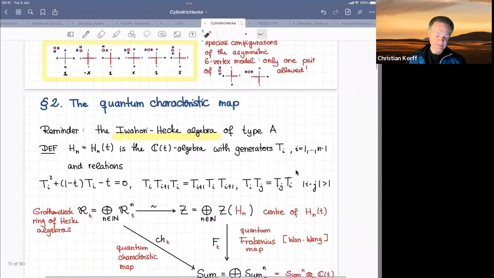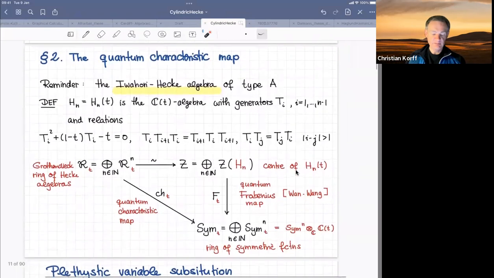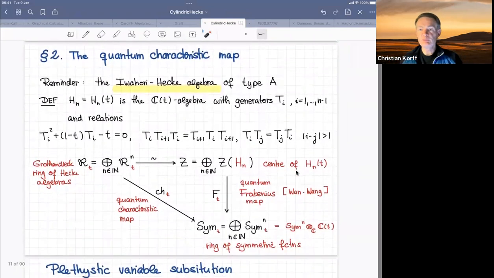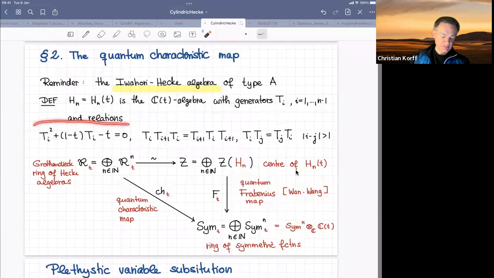Right, and this brings us away from the group algebra of the symmetric group to the Hecke algebra. So the Iwahori-Hecke algebra of type A can be thought of as a deformation of the symmetric group algebra, but probably a more favorable point of view is to see the Hecke algebra as a quotient of the group algebra of the braid group of type A, where you factor out by the skein relation.